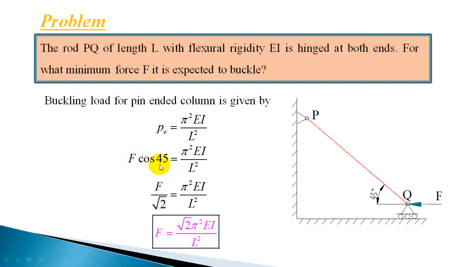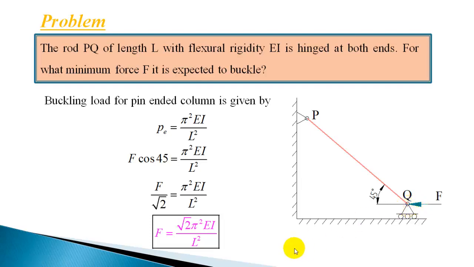So substituting, you get F by root 2 equal to pi square EI by L square. Or the force required to buckle the bar is root 2 pi square EI by L square. So this much force is required to buckle this bar when it is applied horizontally at point Q.